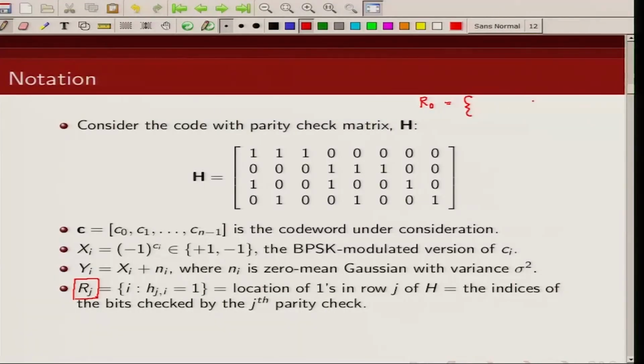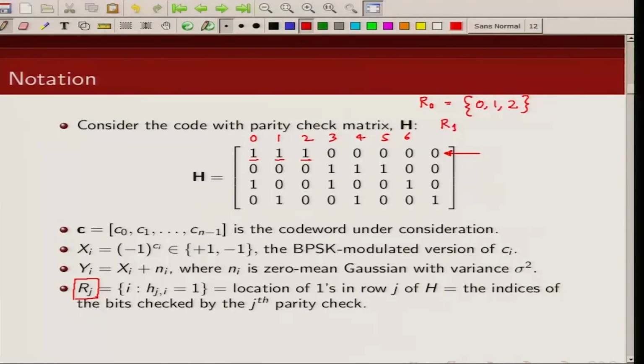R0 corresponds to the 0th row, which is this row. Now, look at the bits that are 1 here: 1, 2, 3. Let us just label the bits 0, 1, 2, 3, 4, 5, 6. So, R0 corresponds to 0, 1 and 2. And what does it mean? It means for the first parity check equation, the bits number 0, 1 and 2 are participating.